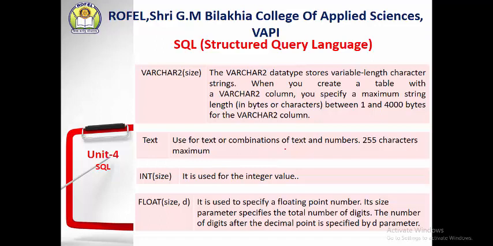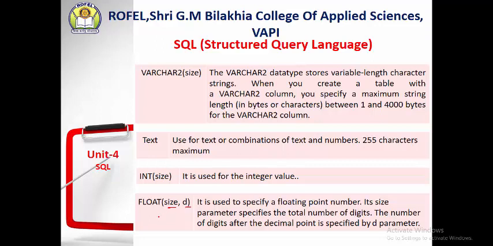Now, after that, integer. Integer, you know very well, it is used to store only the integer value. Float means floating point, decimal numbers, and the float data type specifies floating point numbers. And over here two different parameters are there, size and d. D is the number of digits required after the decimal point.